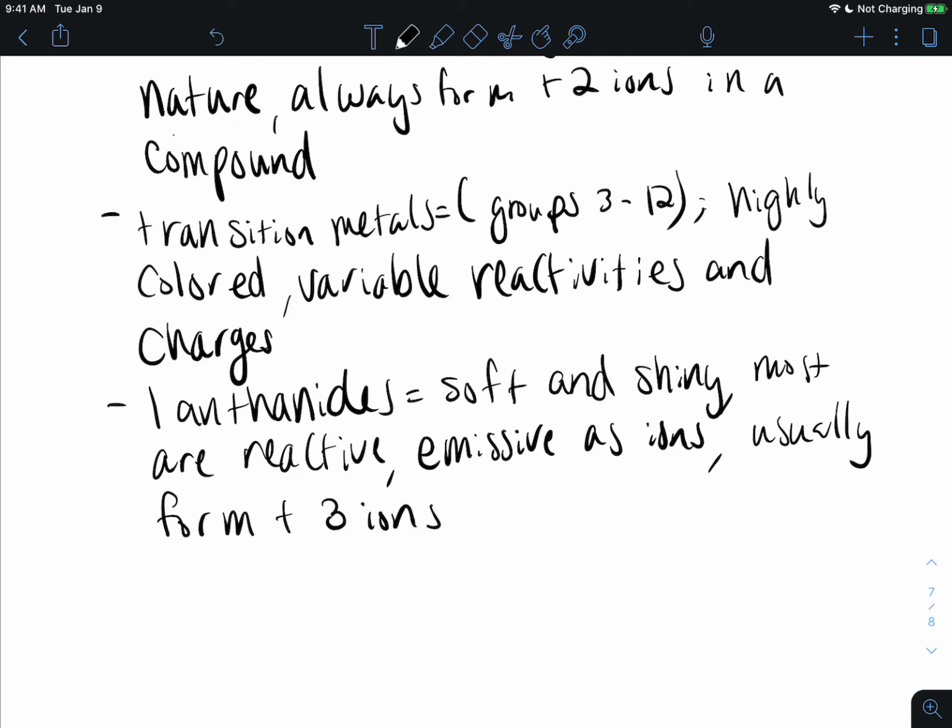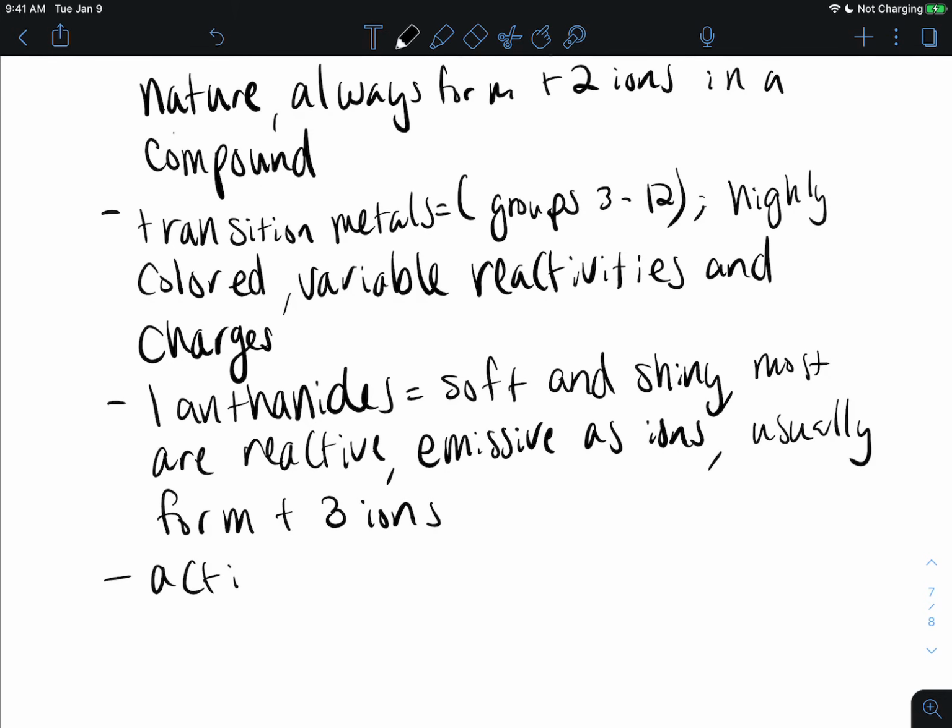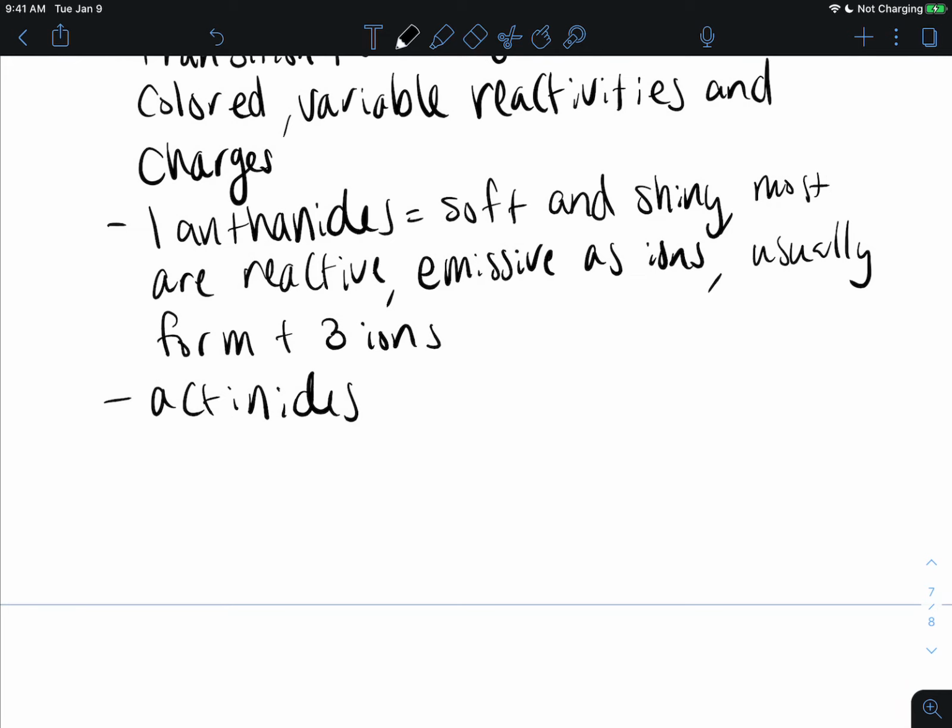Okay. And then we have our actinides. Actinides, this is the only group where all of the elements are radioactive and unstable.